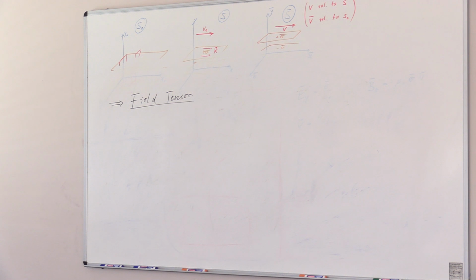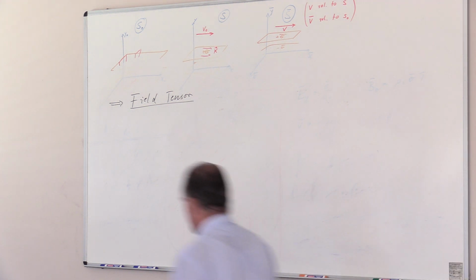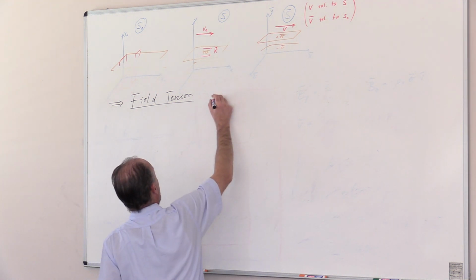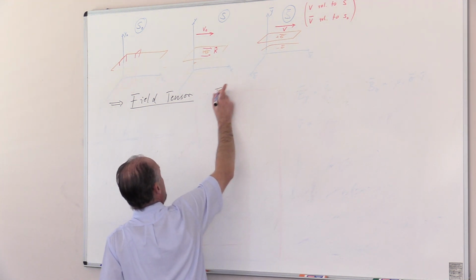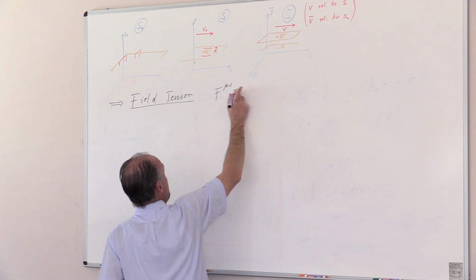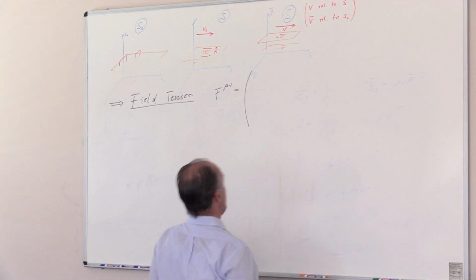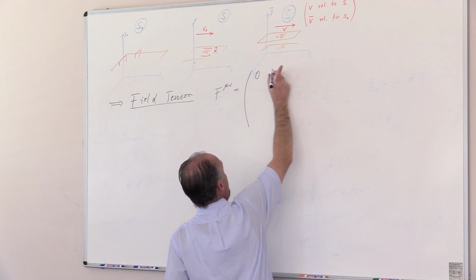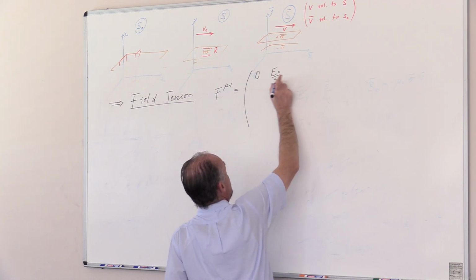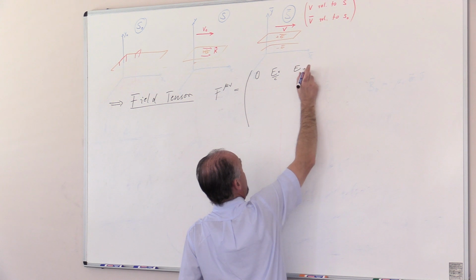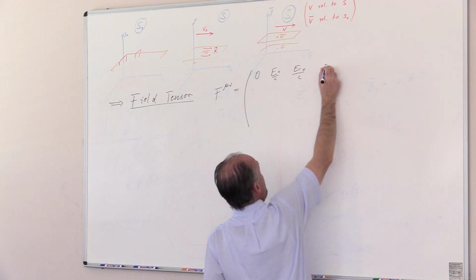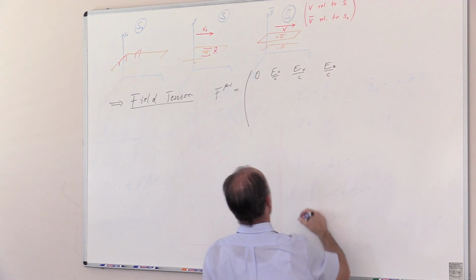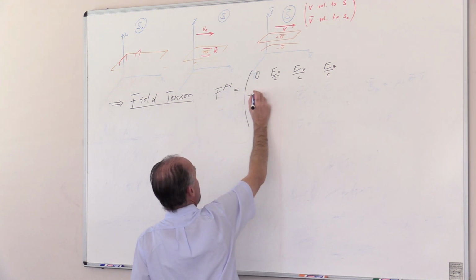So there's one that we call F mu nu. That has the form 0 here. And we have Ex over c, Ey over c, Ez over c. Then of course this has to be the negative of that.